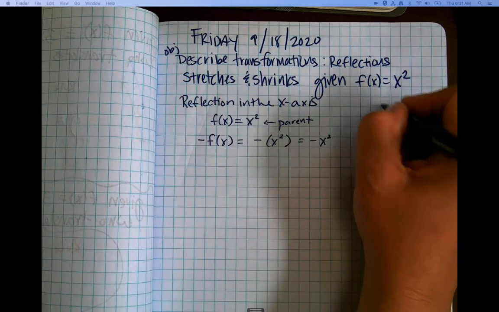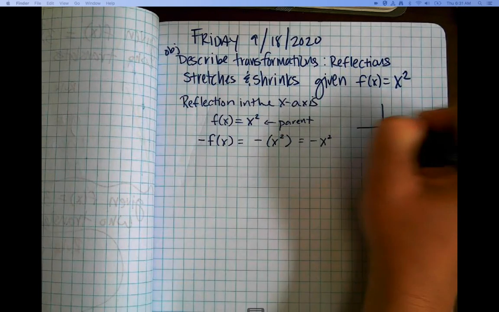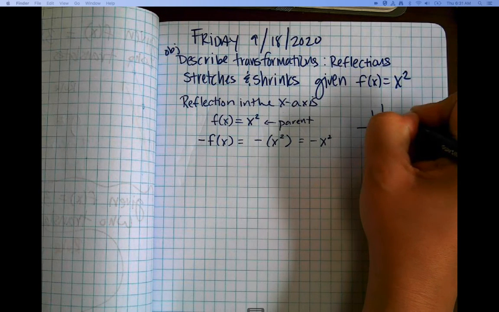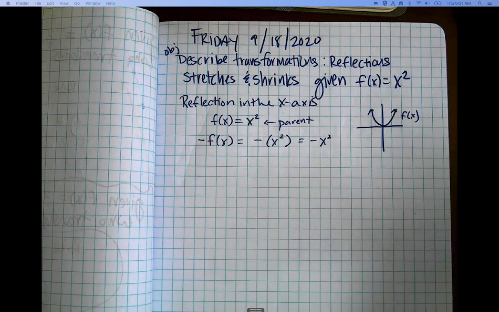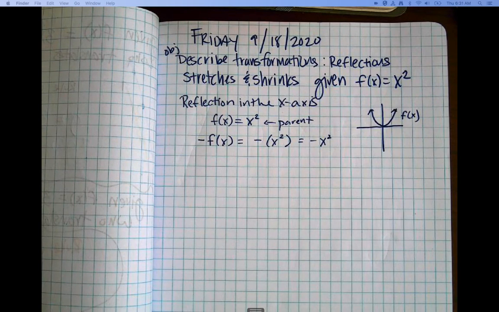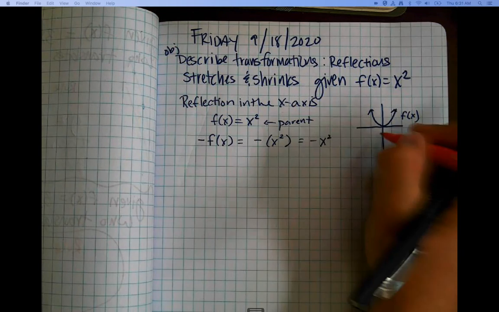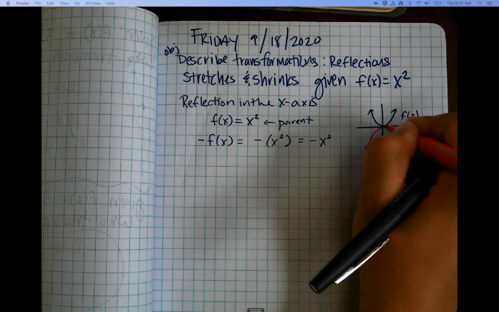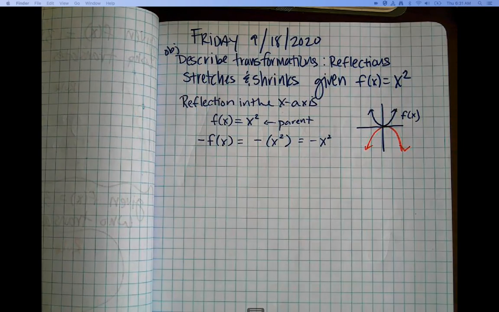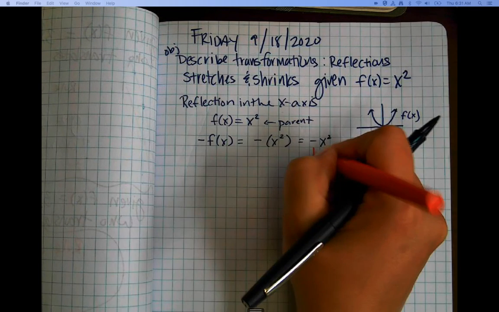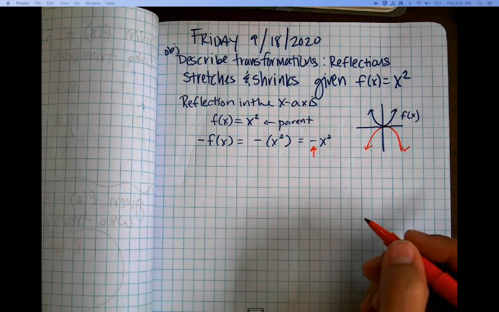And what it does is it flips from being up like a U, and this one is f of x, to down like an N. And what you're going to be looking for is you see how there's this negative out front in the final answer.